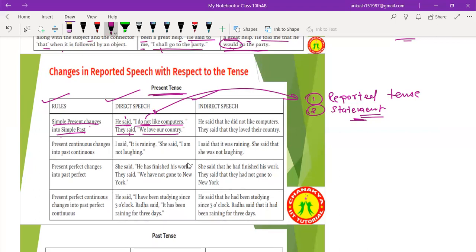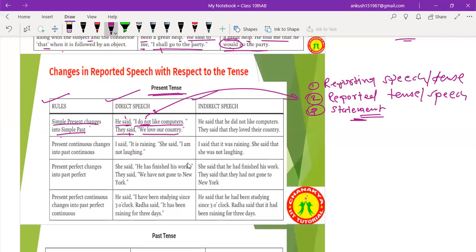Did you get it? Yes, sir. Okay, that is why you have to see three things. First thing, I did not write here. Second, and this should become third. First, you have to see the reporting speech, or you may say tense.